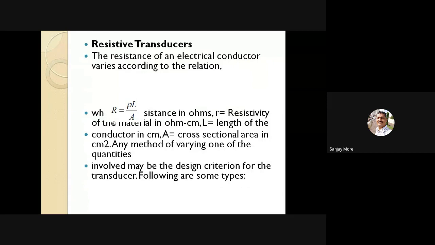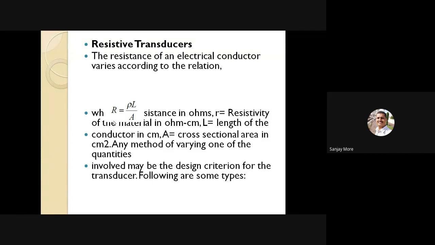Then resistive transducers. The resistance of an electrical conductor varies according to the relation R = ρL/A, where R is the resistance, ρ is the resistivity of the material in ohm centimeter, L is the length of the conductor in centimeter, and A is the cross sectional area in centimeter square.